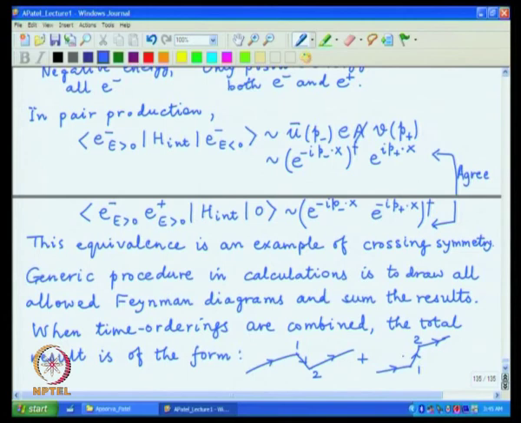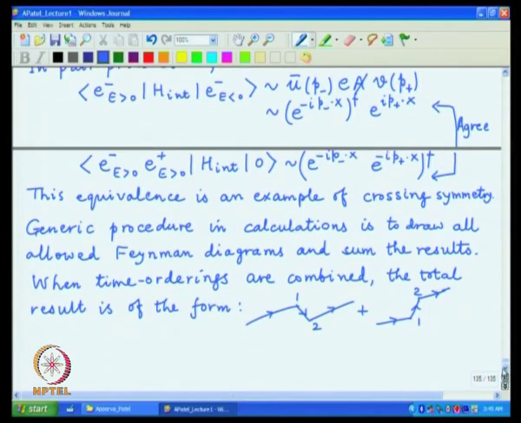When one sums over all possibilities, one has to include all these different orderings simultaneously, and the total object will be the sum over all possible interactions, or in other words, it will include all these propagator lines irrespective of whether they are going forward or backward in time, when we draw all combinations and then add them together.